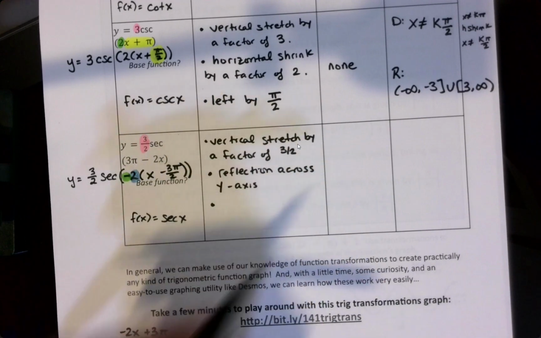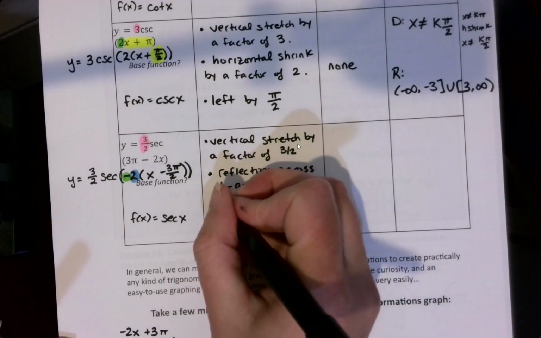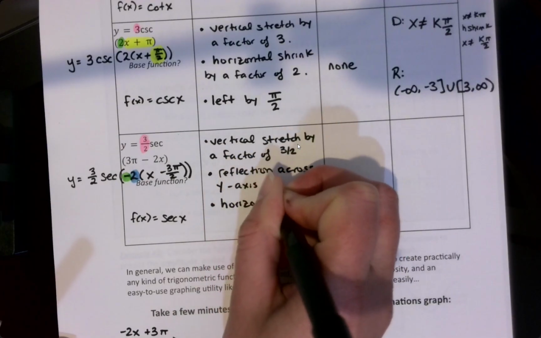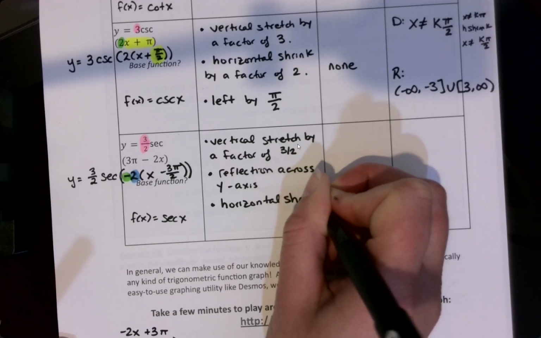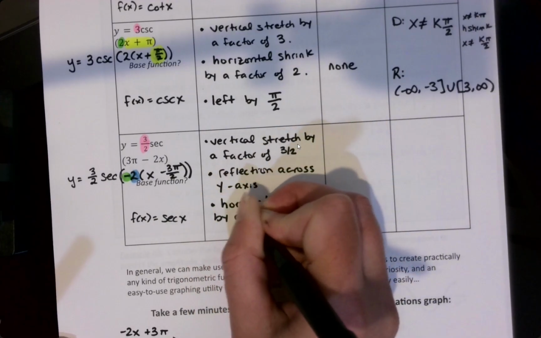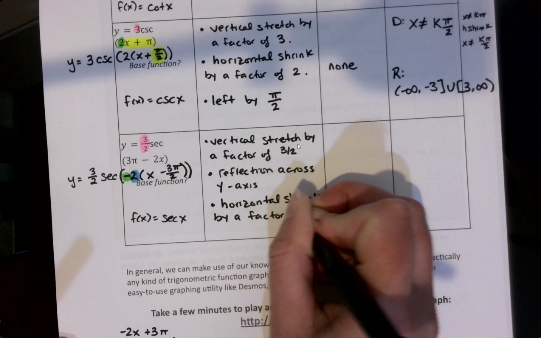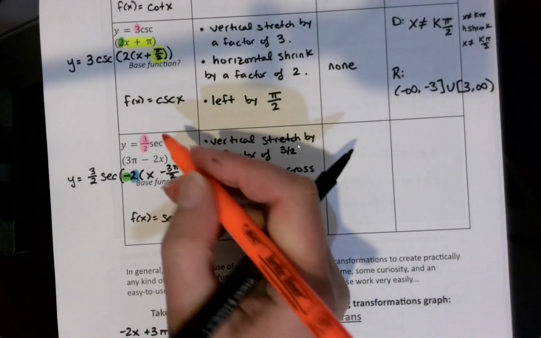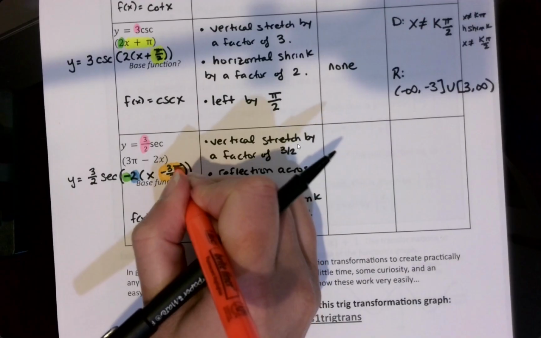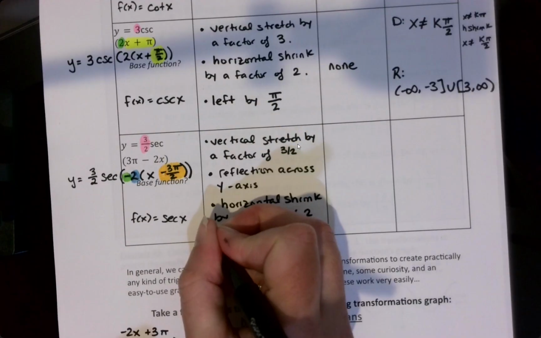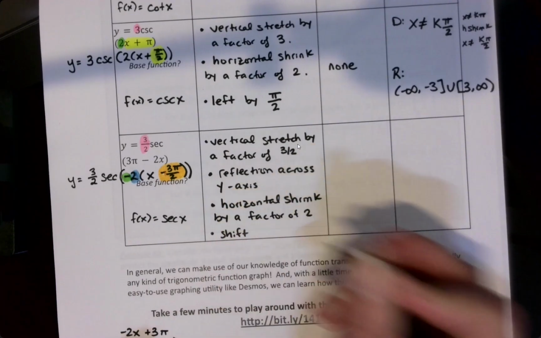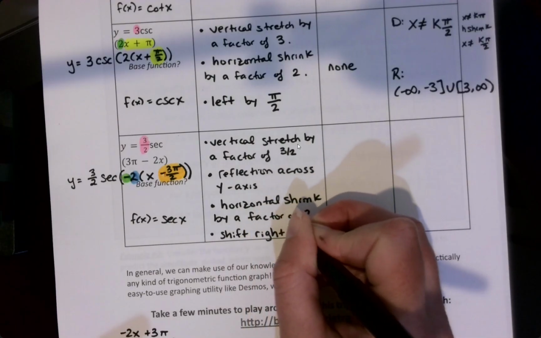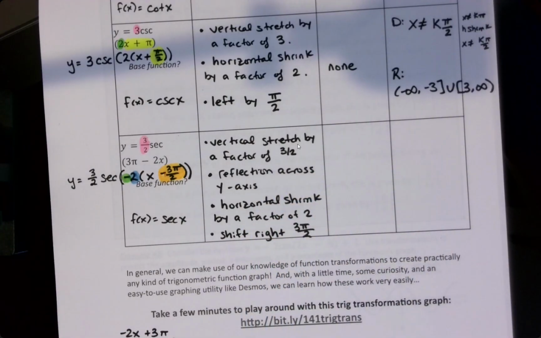So the 2 is going to be a horizontal stretch or shrink. It's bigger than 1, so that means horizontal shrink by a factor of 2. And the last piece here, this minus 3/2 on the inside is going to be a shift. This would be inside, so left, right. We got minus, that's going to be to the right by a measure of 3/2.